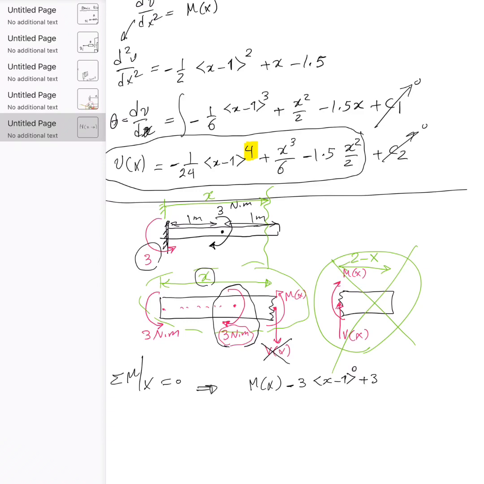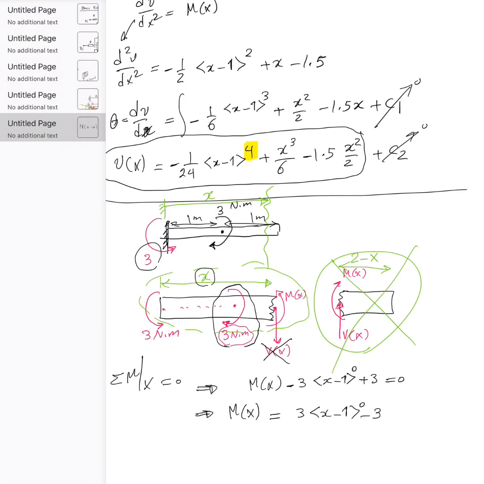Regardless of whatever your x is, that 3 is always there. Okay? So you simply say this is equal to 0. And then you solve for mx.